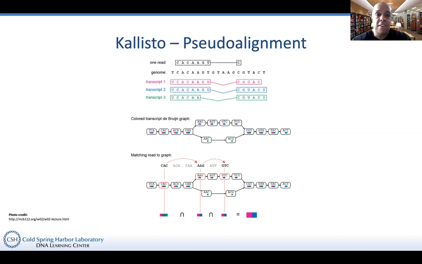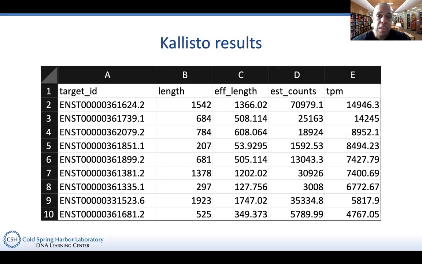But our transcripts that we may get in our RNA-Seq, or rather that we know about, this read may match several of them up to a point. So when we get to this little CAA junction, it matches the magenta and the blue and the green. But then if you go to AAG, that only matches two of those colors. And if you go to AAC, it only matches the other one. So there's this nice process. There's a nice bit of math about De Bruijn graphs that talks about the science of that. So we're going to do that, and we're going to take a look at the results.